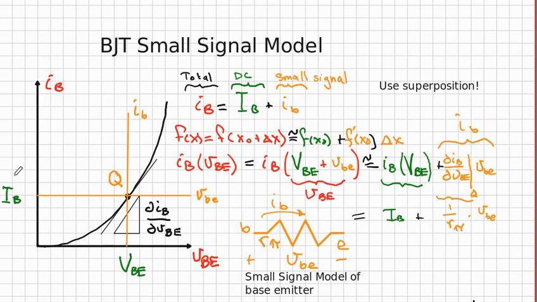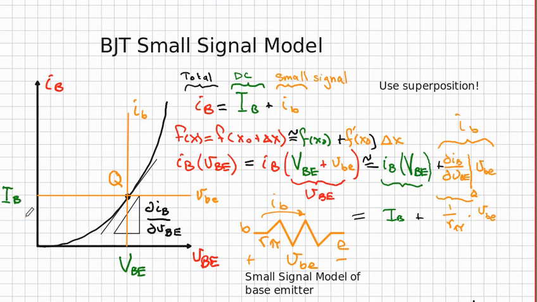We break v_BE, the little v sub big BE, and the little i sub big B, into their DC and AC parts. Then we approximate them with the first two terms of the Taylor series, identifying the DC and AC components. Lastly, we let the small signal equations help us draw a small signal model of the BJT.